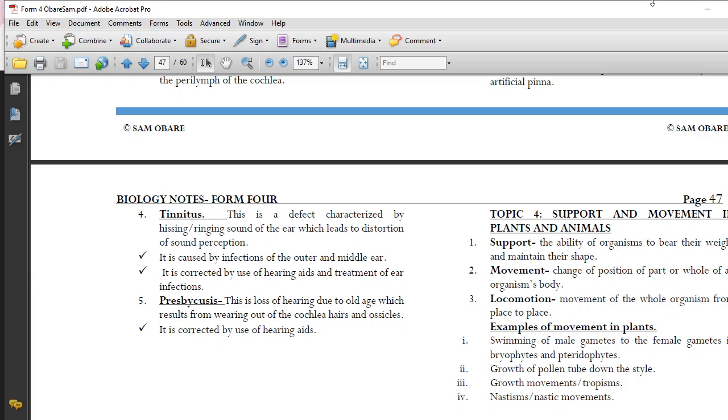So essentially, I'm saying we do classification in Form 3, that topic called Classification 2. Essentially, we do the real classification of the organisms. Now, after classifying the organisms, we realize these organisms are not just found in an environment that is a vacuum in nature.